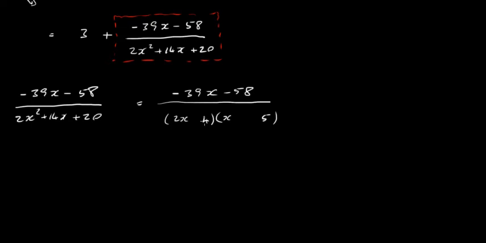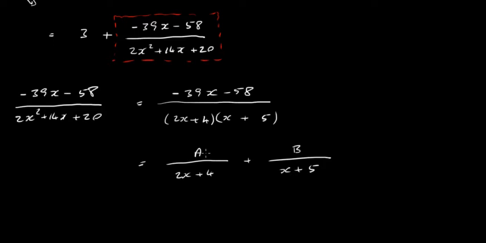We've got plus plus, so we stay with plus plus here, and that does work. So I'm going to take that and divide it into two fractions: A over 2x plus 4, and B over x plus 5. This fraction here is equal to these two fractions added.